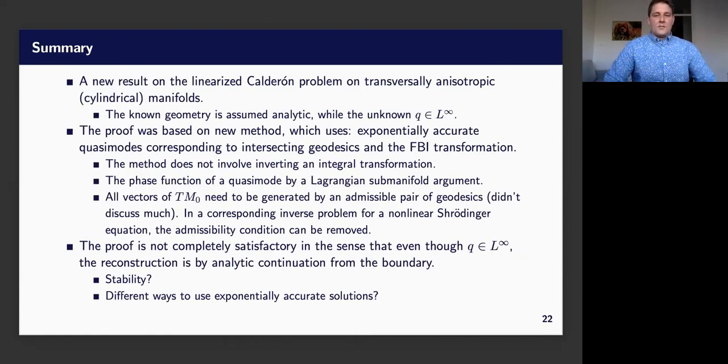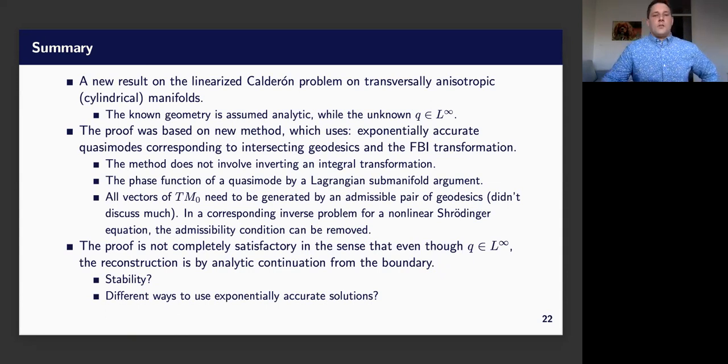Let us recall what we had. We had a new result on the linearized Calderón problem in this transversal anisotropy setting, so manifolds which look like subsets of cylinders. The main assumption was that the known geometry is assumed to be analytic, but the unknown potential Q can be basically anything in L infinity.